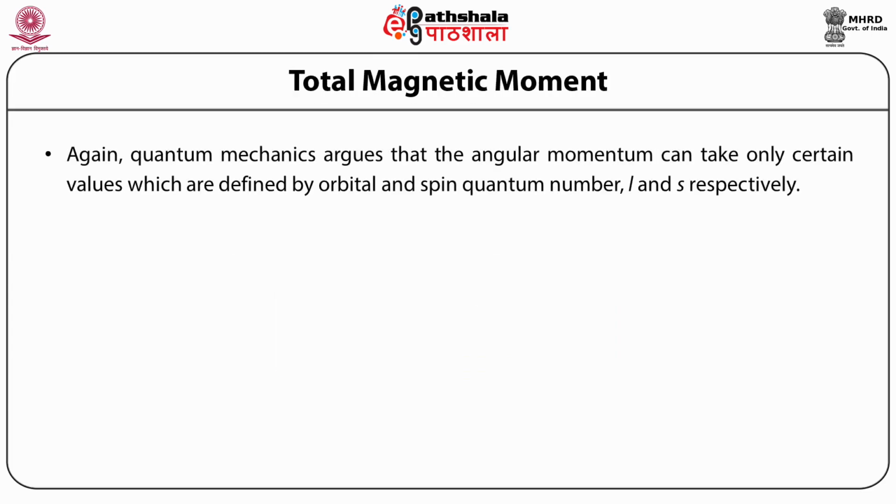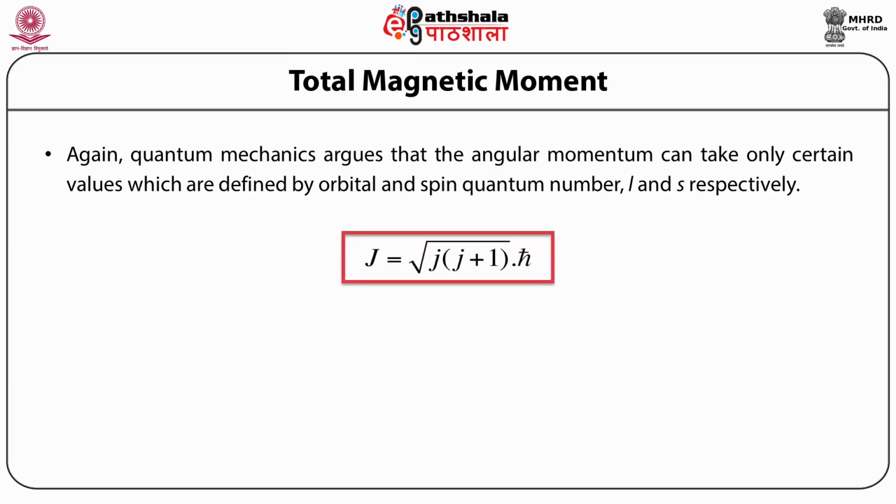Again, quantum mechanics argues that the angular momentum can take only certain values which are defined by the orbital and spin quantum numbers, small l and small s respectively. Hence, the angular momentum for an electron with a characteristic number small j is expressed as capital J is equal to root of small j multiplied by j plus 1.